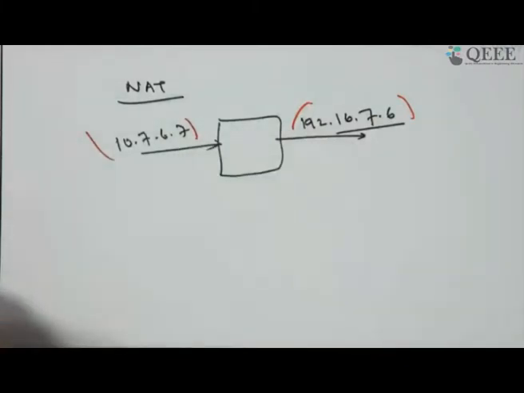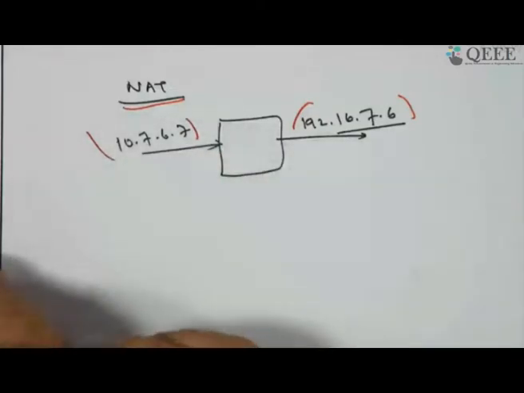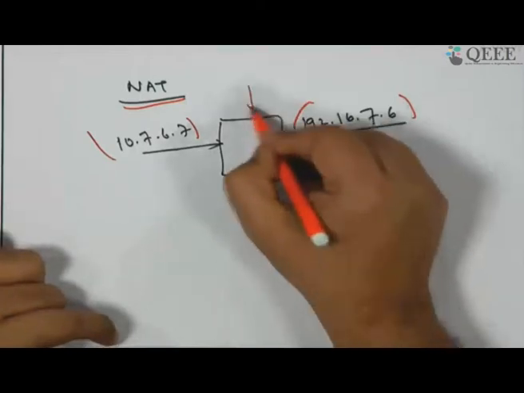Okay. So the local address 10.7.6.7 is getting translated to 192.16.7.6. So this is what the NAT translator does.